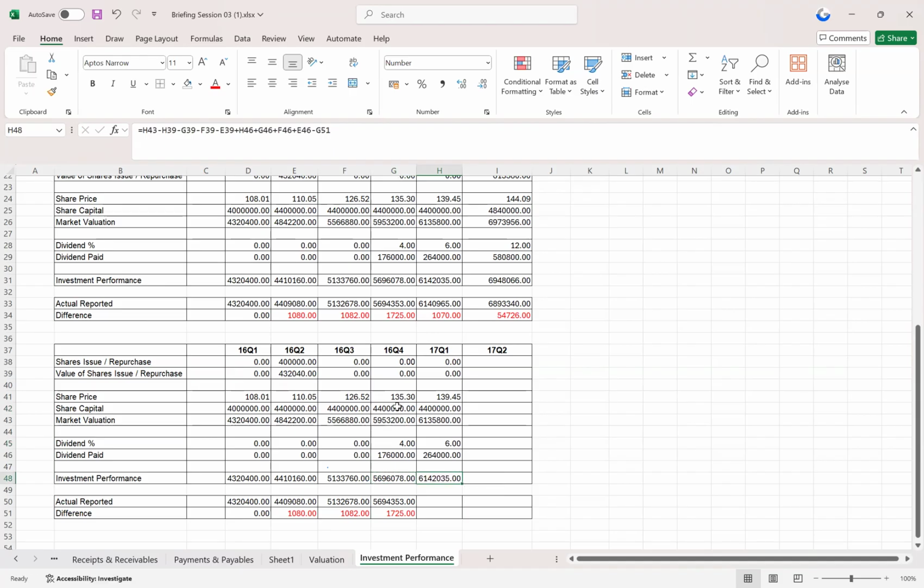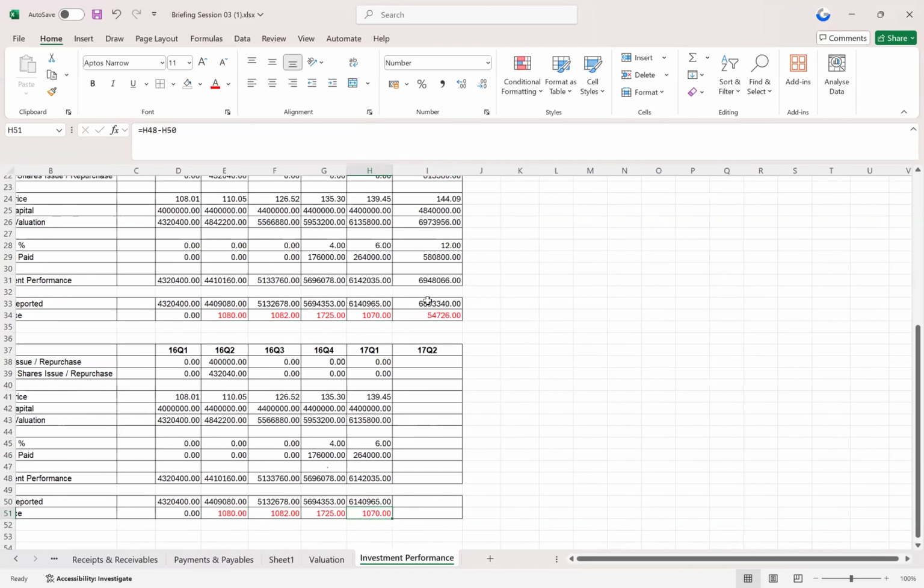If I copy this formula, plus this, and I minus the previous difference. Right. What was actually reported was 6104. Now the difference is again comparable.